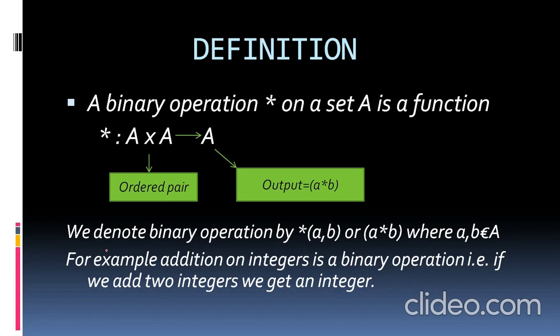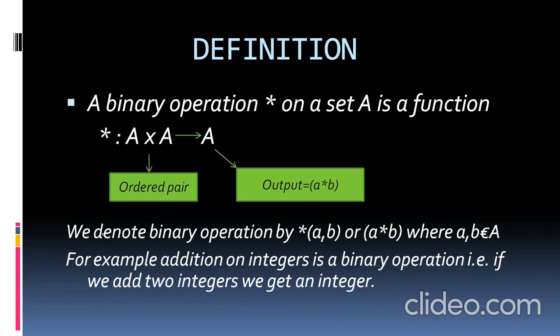Now consider the definition. What the definition says: a binary operation star on a set A is a function star from the set A cross A to A. Here A cross A is the Cartesian product of the set A to itself, and its elements will be of the form ordered pair, that is (a, b), where both a and b belong to A. And the output will be a single number, that will be a star b, after applying the operation which we are considering.